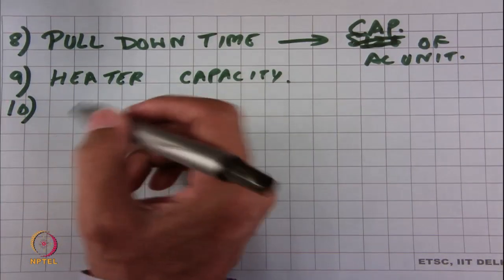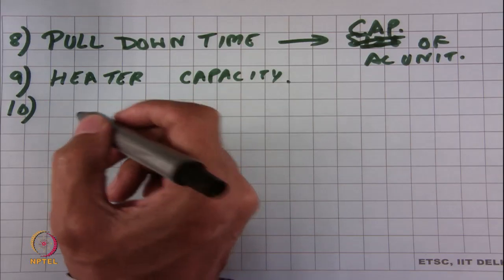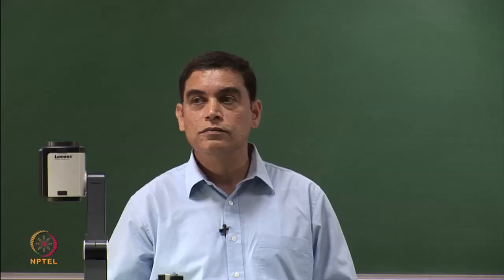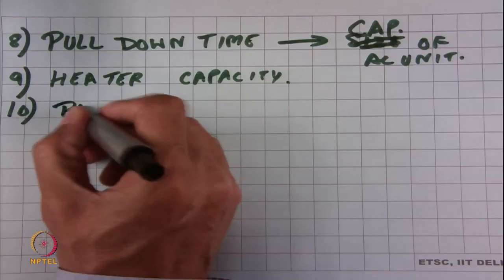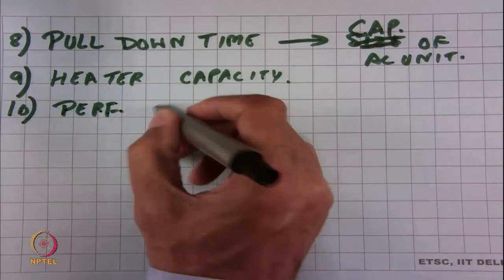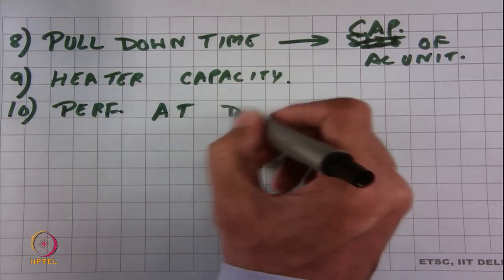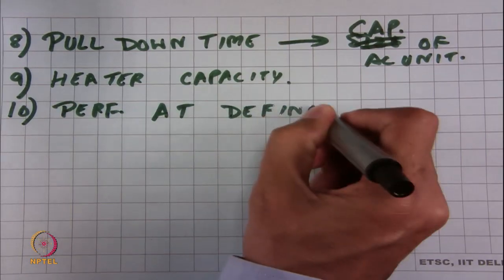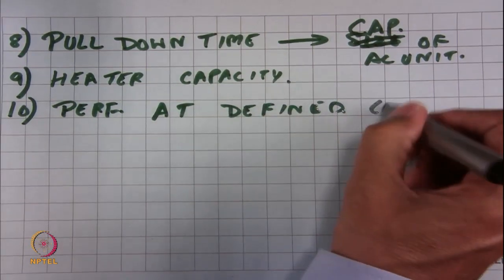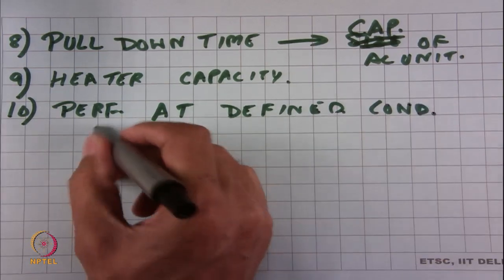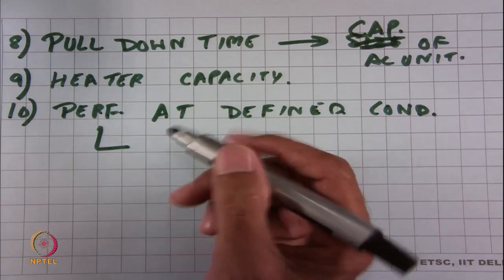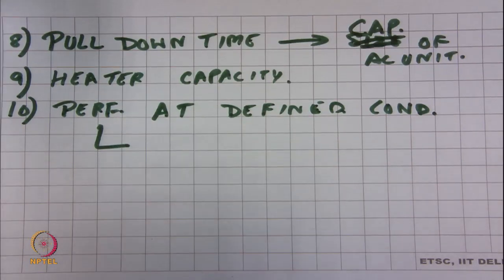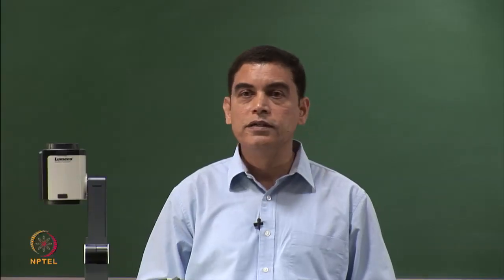We would also like to define what cooling we need at what condition, so performance at defined conditions. In railways, there is an organization, RDSO, and they already had data based on a different kind of technology, the underslung technology.